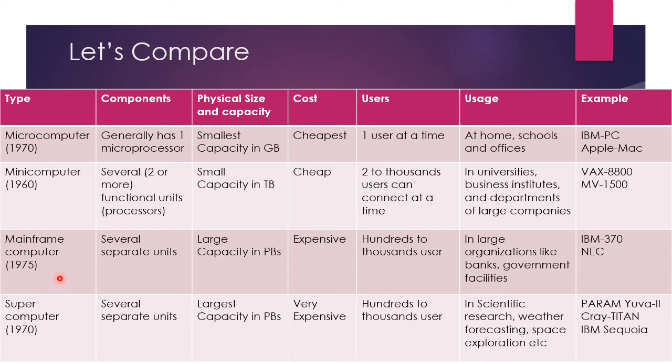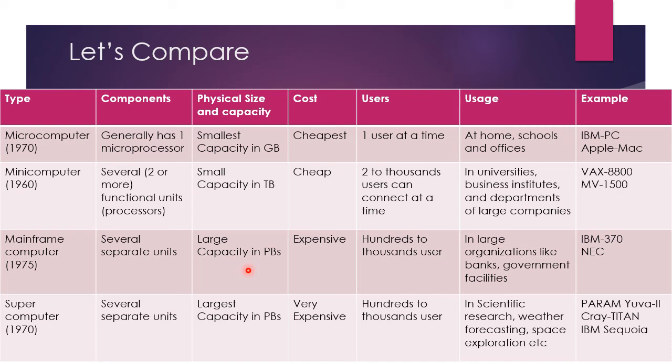Mainframe computer. The mainframe computer era began in 1975. They have several separate units of processors and their storage capacity is the largest among these. I mean, the mainframe computer can even store more data than a supercomputer because mainframe computers can be divided and placed at multiple places.